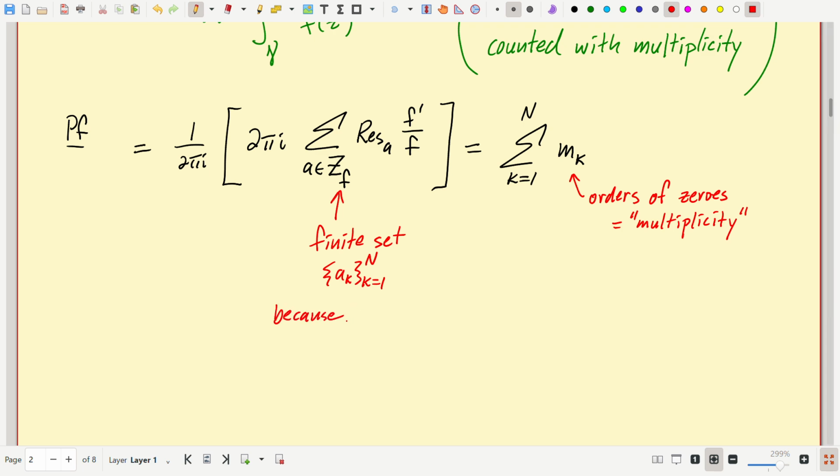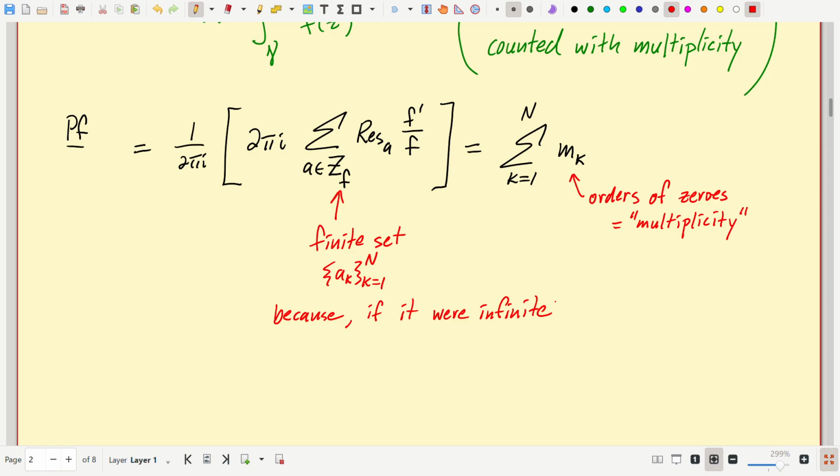if it were infinite, this is a famous fact you learned in Math 341, that an infinite set in a closed and bounded space would have to have a limit point.